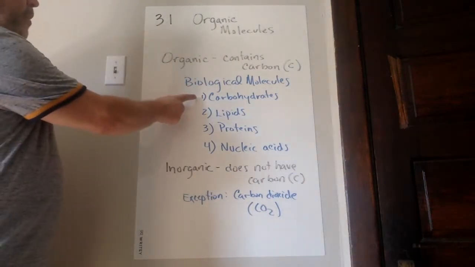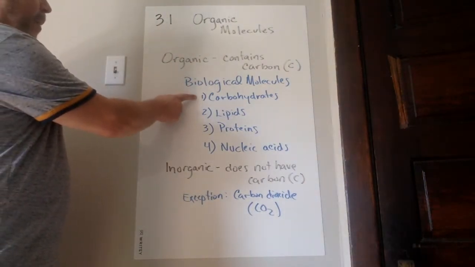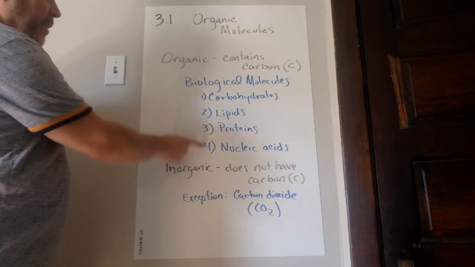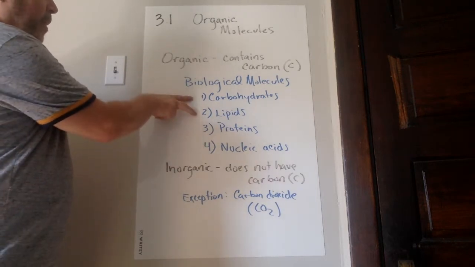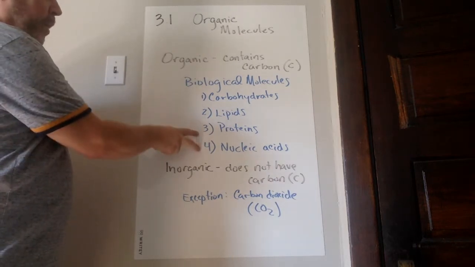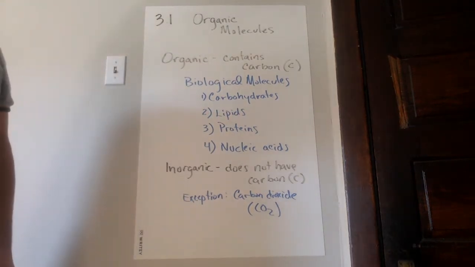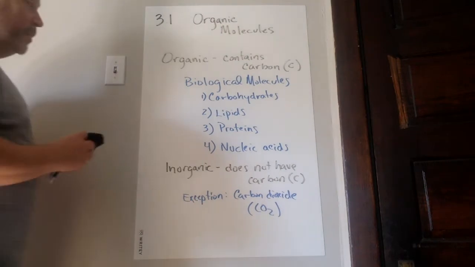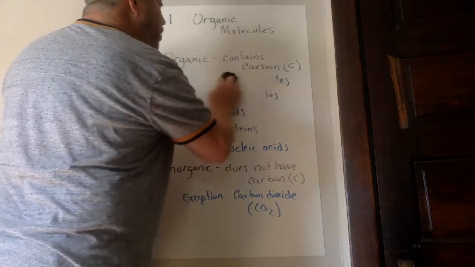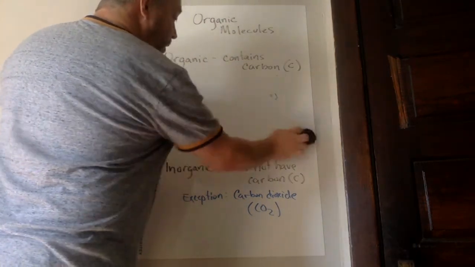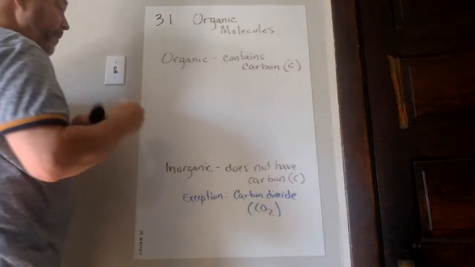So the four molecules we're going to talk about in section 3.2 are going to be carbohydrates, lipids, proteins, and nucleic acids. We built some of these on Thursday. We're going to build some of these this coming Thursday. So biological molecules, some of the ones that we've gone over already.